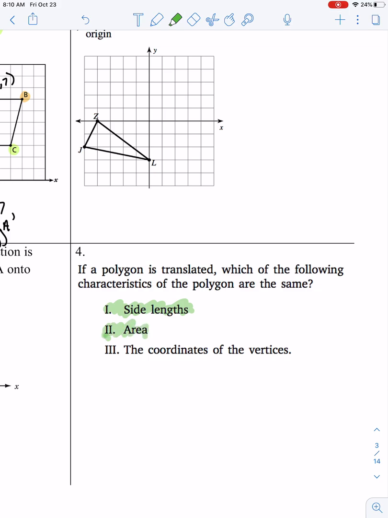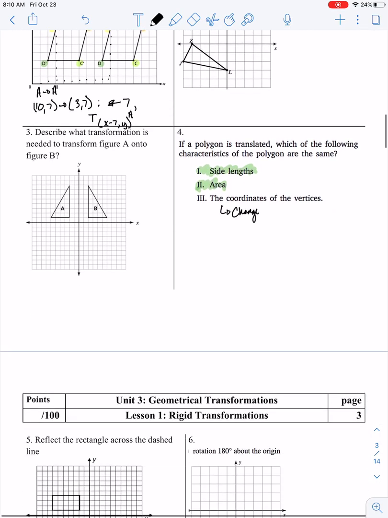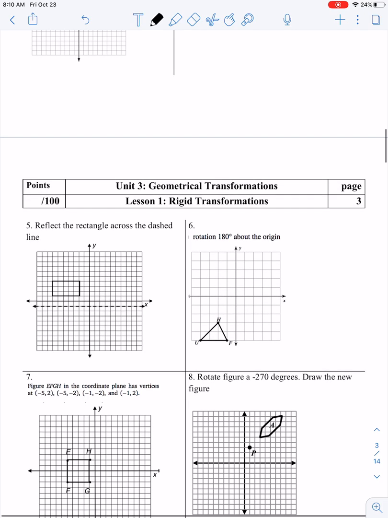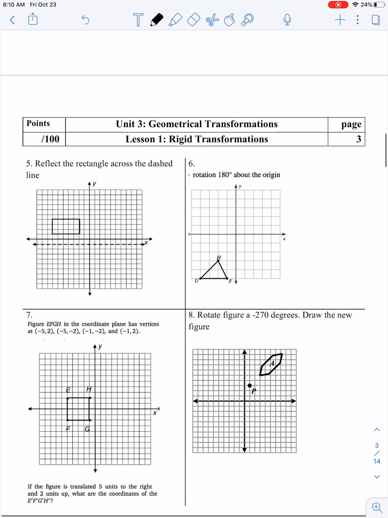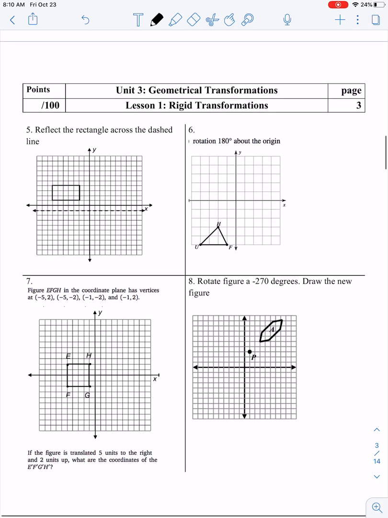Because area is dependent upon the side lengths. Coordinates. The entire purpose of transformations is to change coordinates. All right, so 1 and 2. Reflect, rotate. Okay.